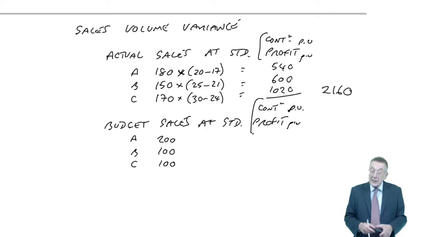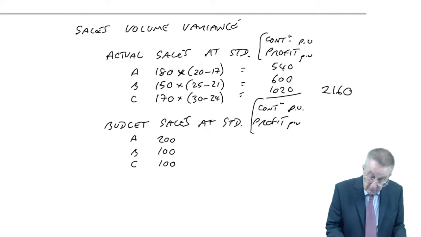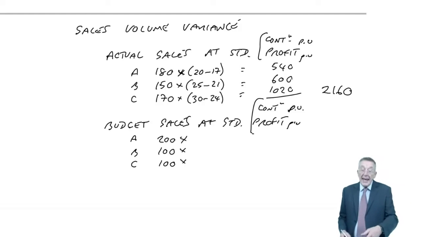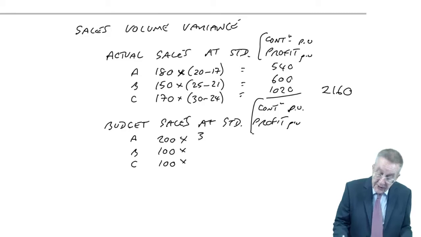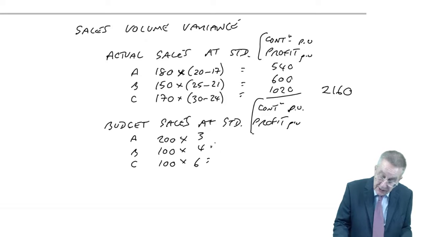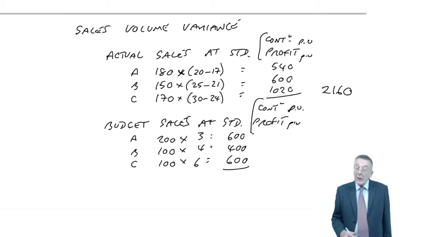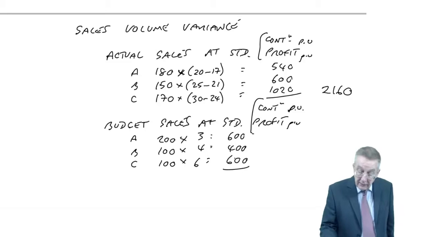And compare with budget sales at standard. I think I'll write the workings down again. I mean, for A, the standard profit is $3 per unit, B is $4 per unit, C is $6 per unit. So we were expecting a profit of 1600.